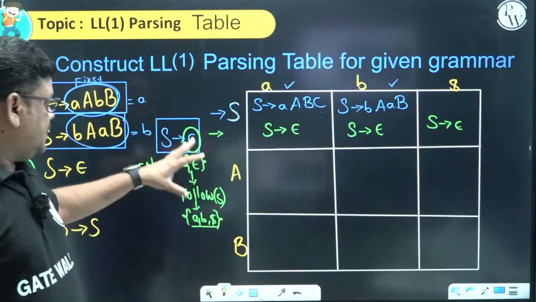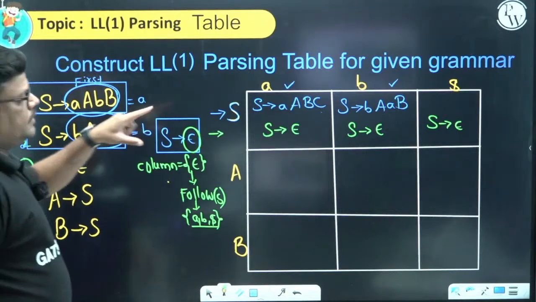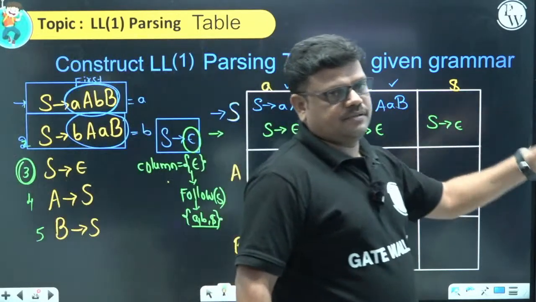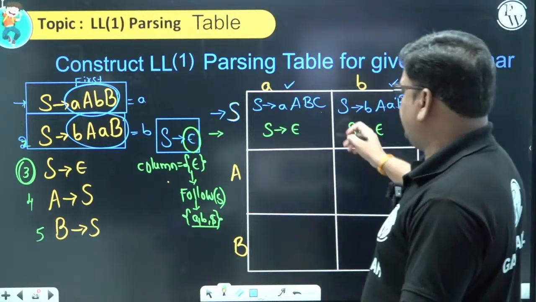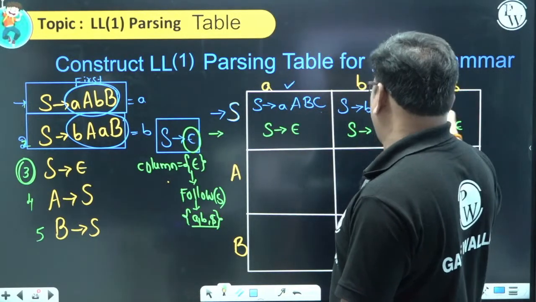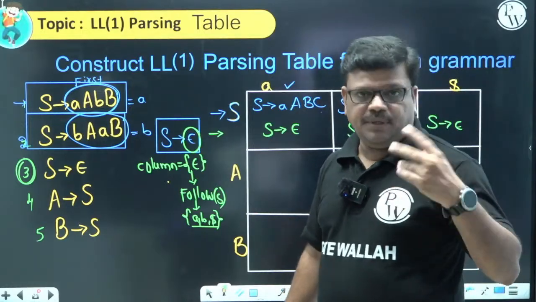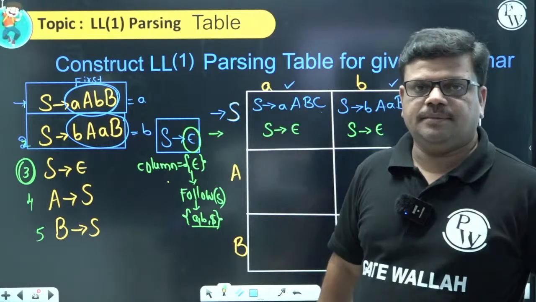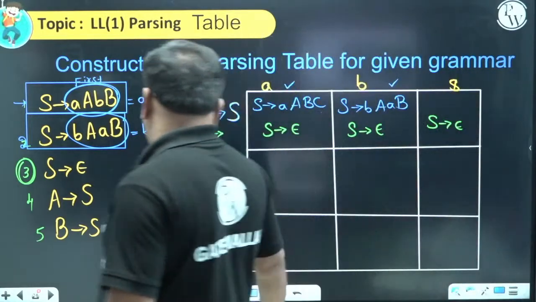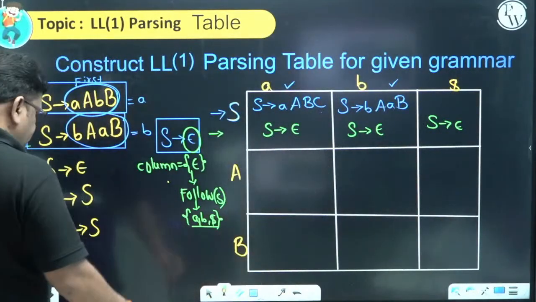So this third production is going to be placed in three places in the parsing table. That's why the entries of the parsing table may sometimes be multiple entries. If multiple entries come, what happens, we will see. Okay, right. So this is the position of the third one.